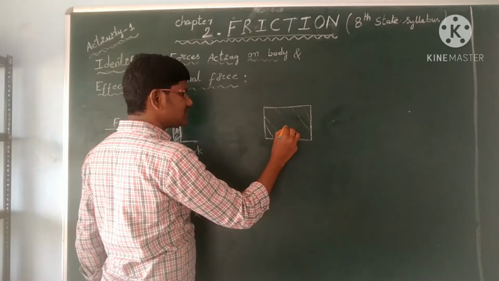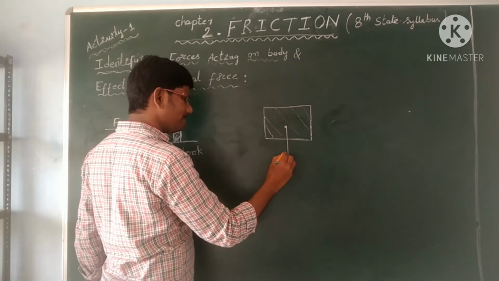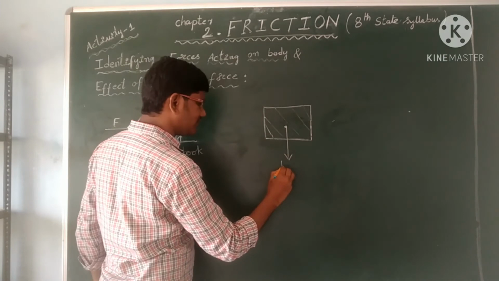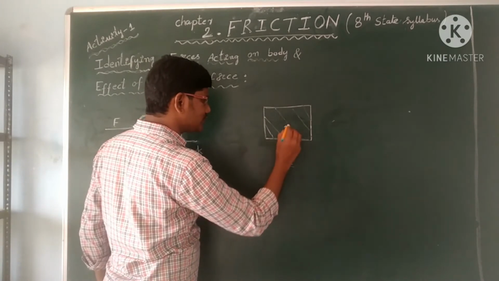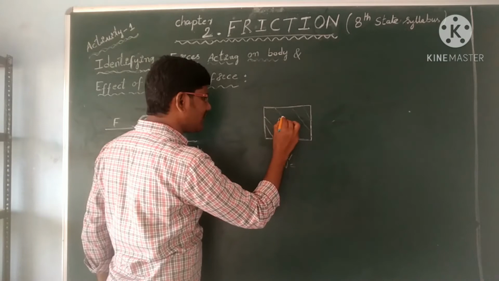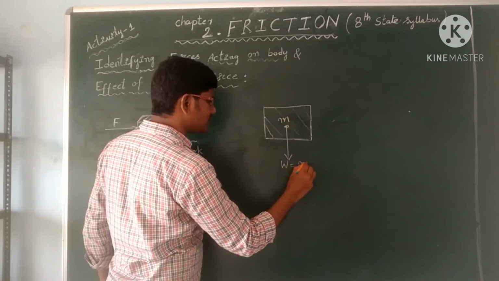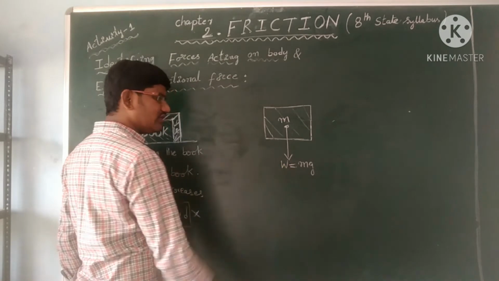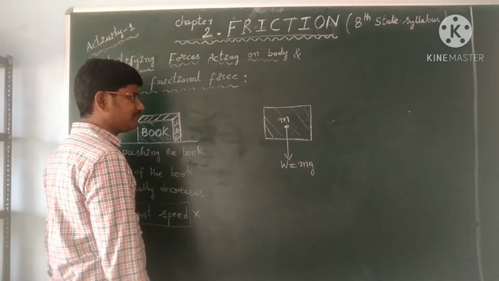It has mass means it has weight. So the weight of the book is called W. The book has a certain mass, so mass into acceleration due to gravity, weight is acting in the vertically downward direction.